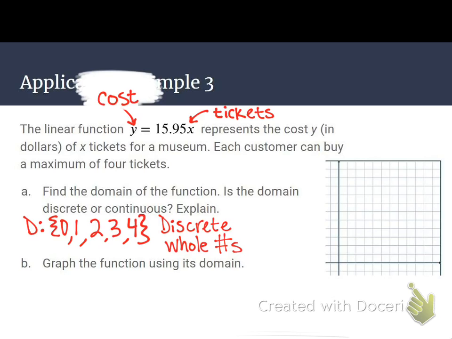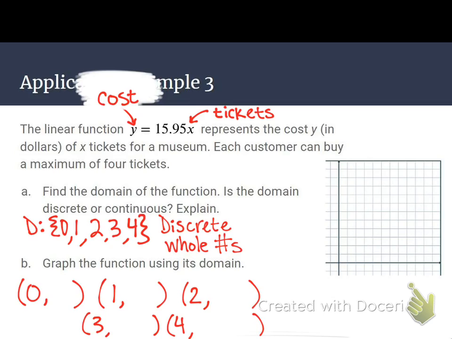In order to find the range, what am I going to have to do? Plug in my X values. So whether you want to set up a table or whether you want to just start setting up your ordered pairs, it doesn't matter to me how you set it up, but you better show me what it is that you're getting for your range.